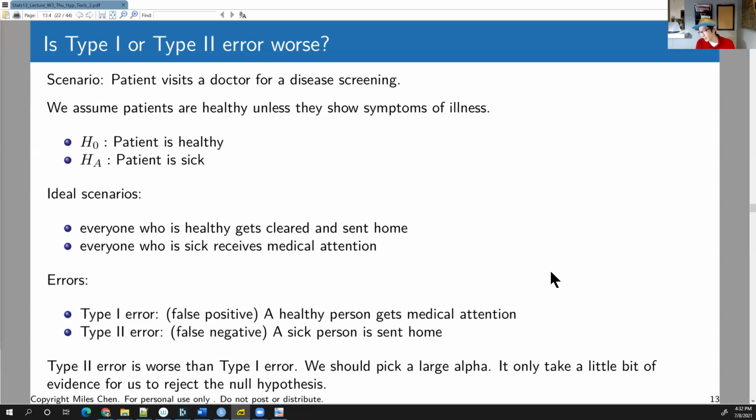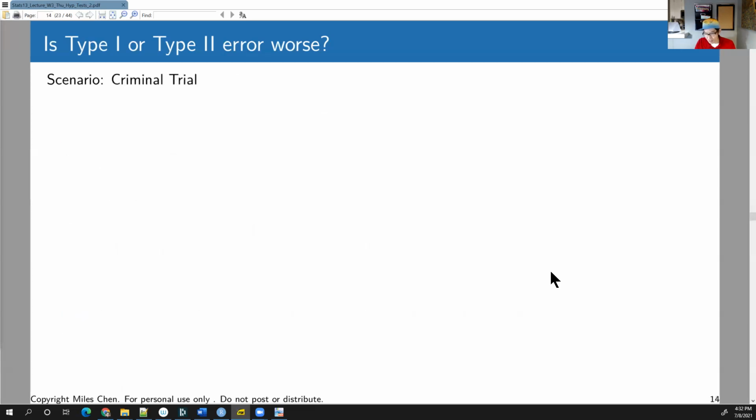So as far as WebMD goes, they're operating with a very large alpha, but before you start any kind of serious medical treatment, the level of alpha gets further and further lower to make sure that indeed this is the correct treatment here.